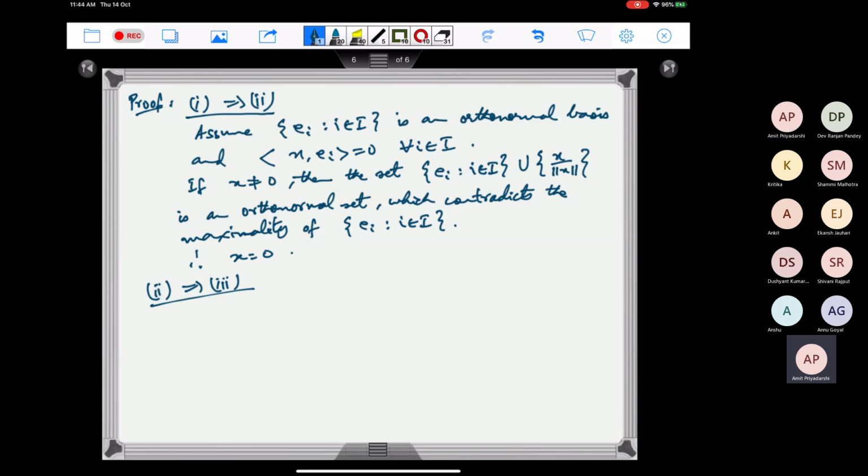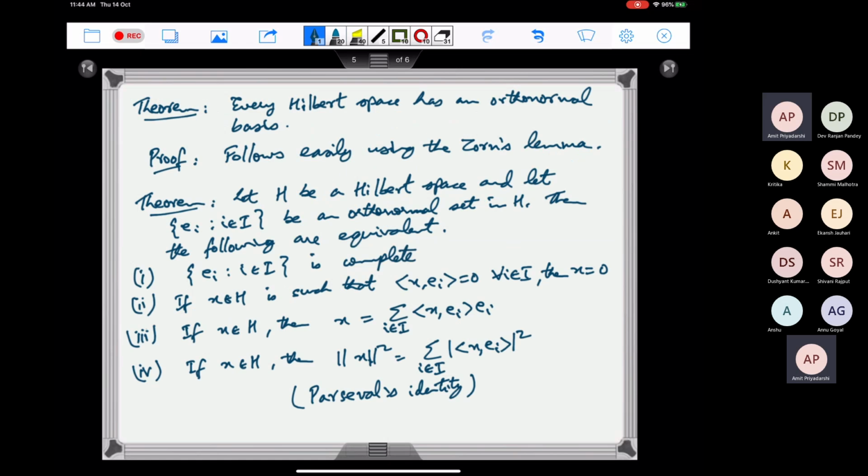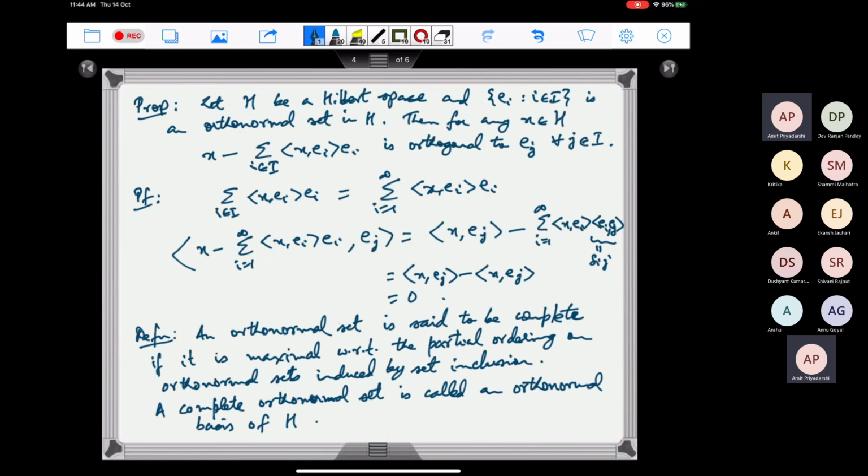So let x be any vector in H, then we have this proposition that x minus this vector is orthogonal to each e_j, right?